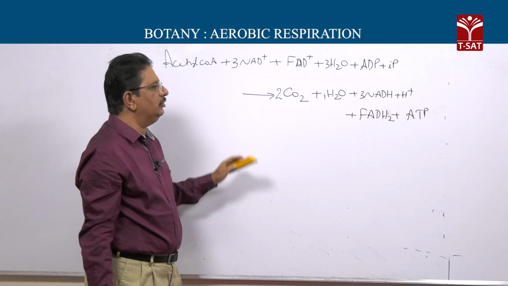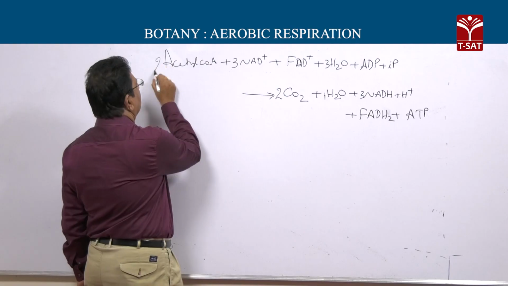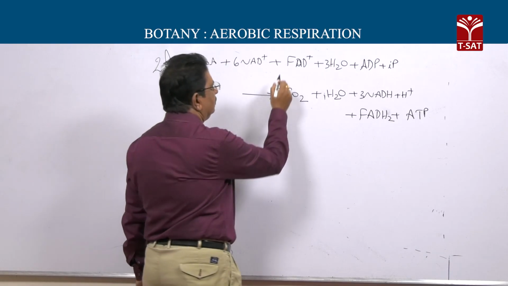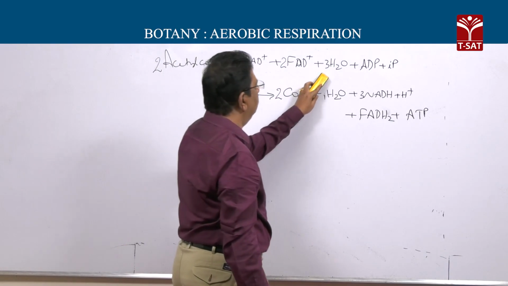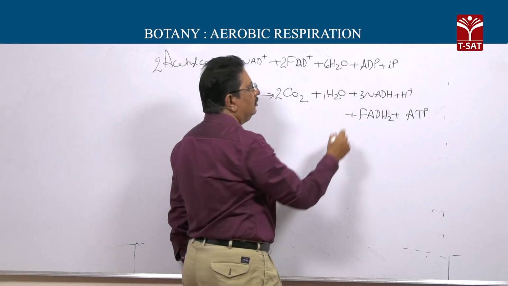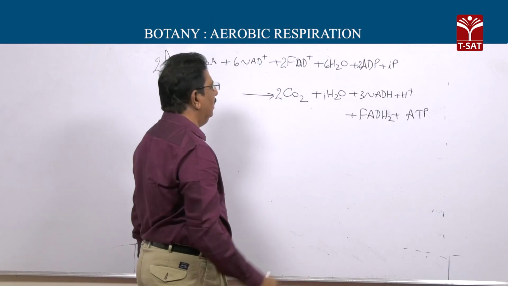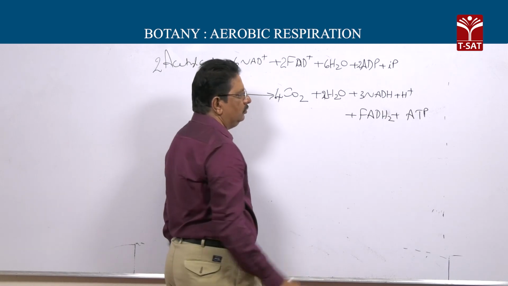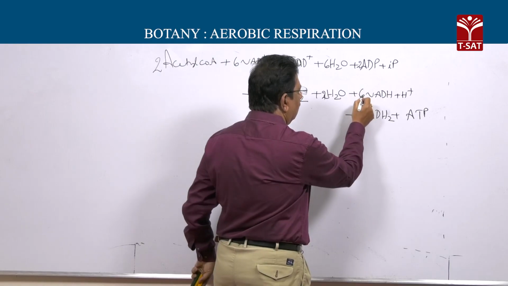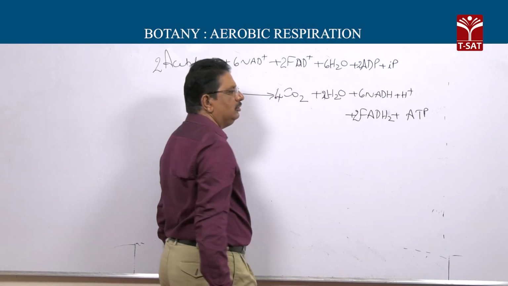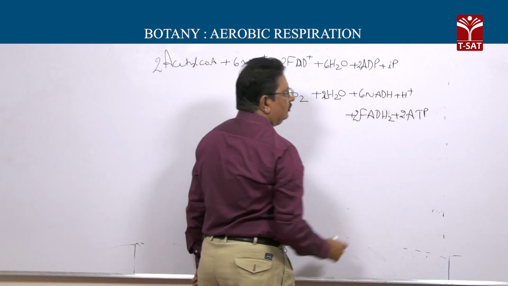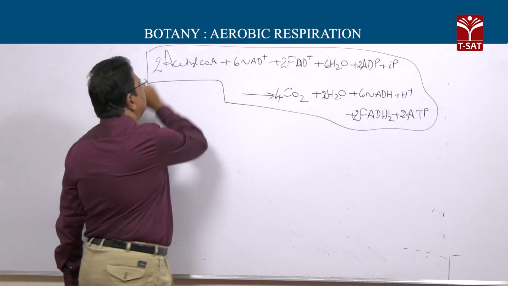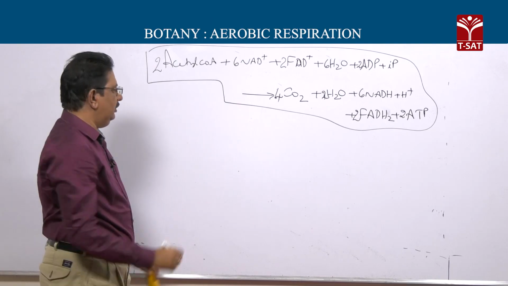So for those 2 acetyl coenzymes involved in the TCA cycle: 6 NAD plus, 2 FAD, 6 water molecules, 2 ADP and inorganic phosphates give 4 CO2, 2 H2O, 6 molecules of NADH, 2 molecules of FADH2 and 2 ATP. So this is the overall reaction of the Krebs cycle.